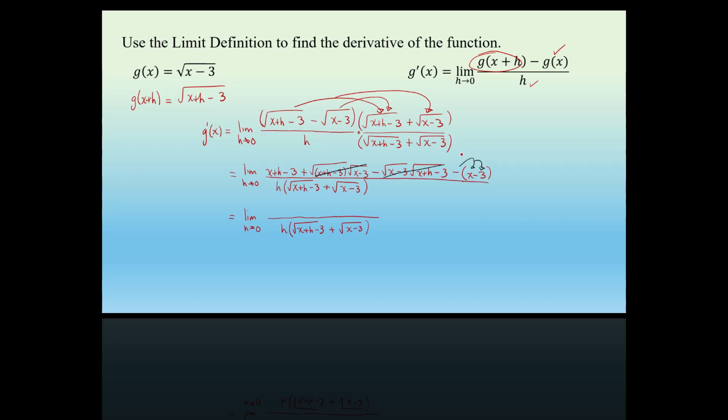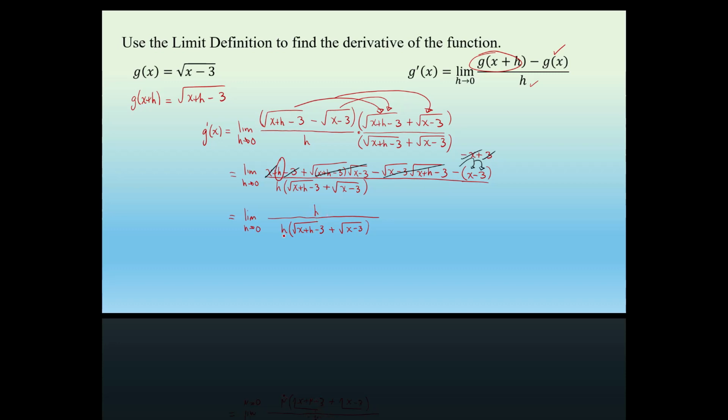So over here, this is going to become minus x plus 3. X will cancel with minus x. Minus 3 will cancel with positive 3. So I see I'm left with h on the top, and that is it. So I'll put the h.